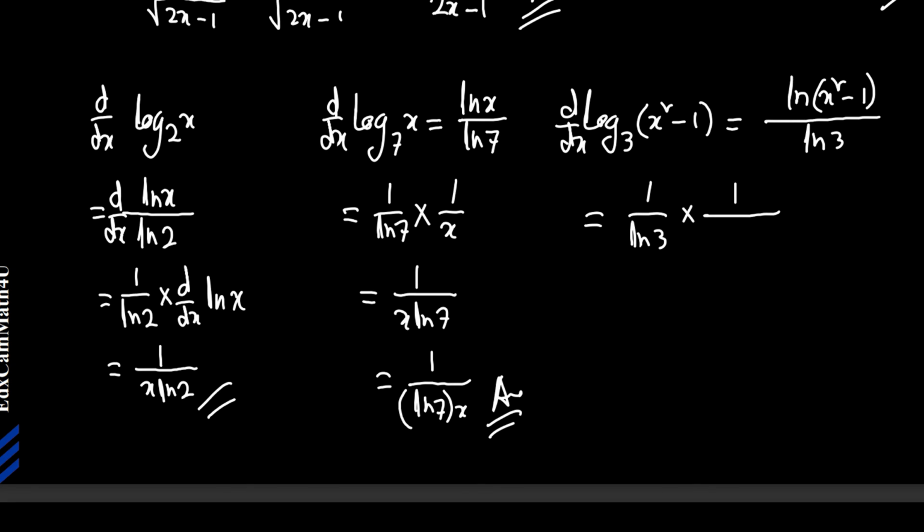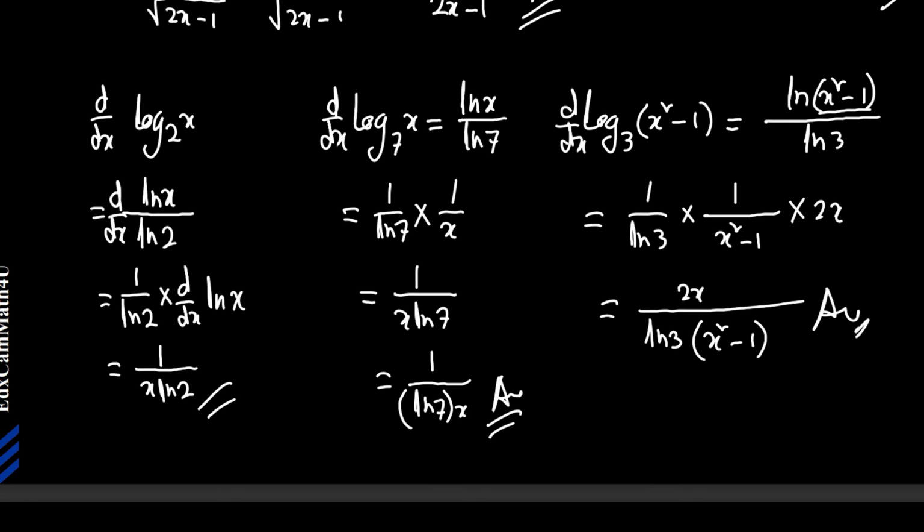We already know the basic rule: x squared minus 1 inside the bracket, if we differentiate, we get 2x. So the final answer is 2x divided by ln 3, and inside the bracket we write x squared minus 1. So that is our answer. Here ln 3 and x squared minus 1 are different terms, so we cannot make it single. So this is the total working of the logarithm.